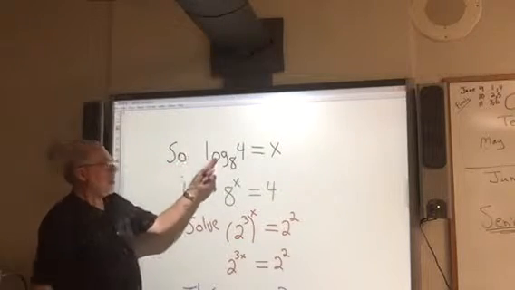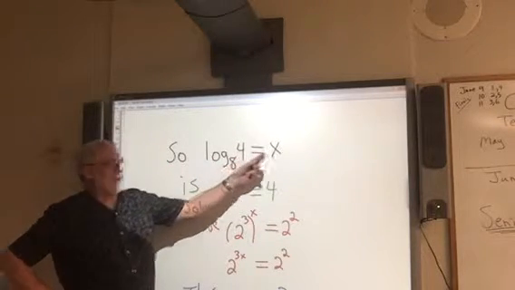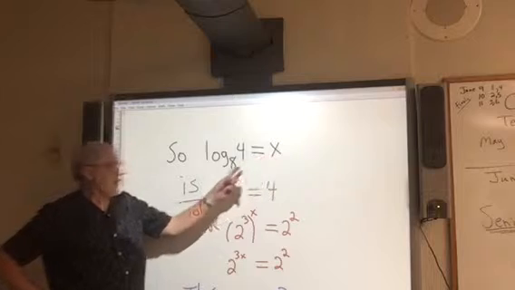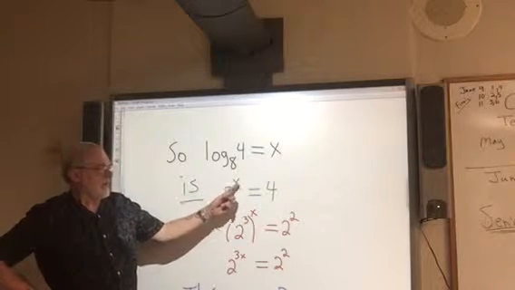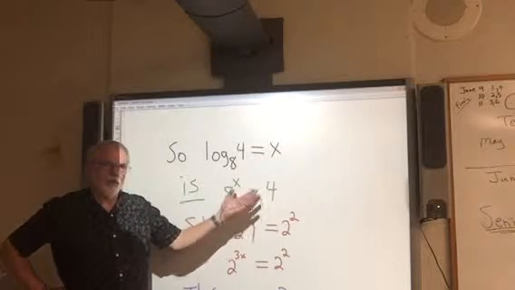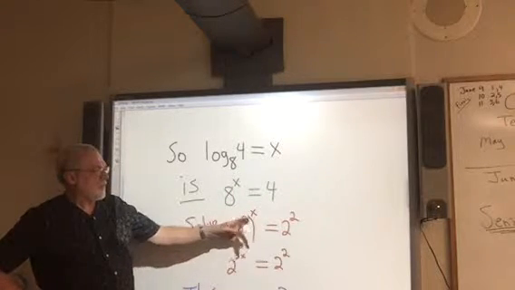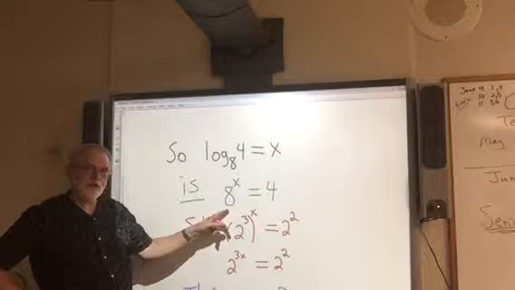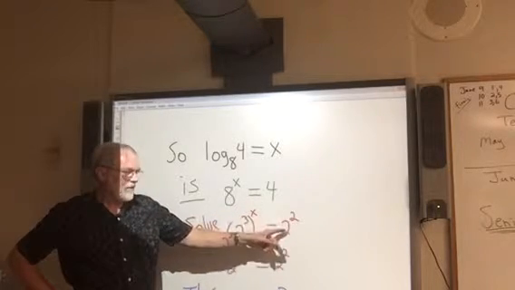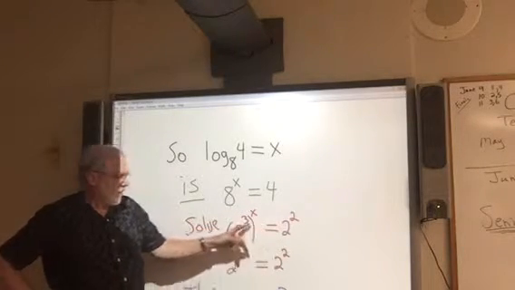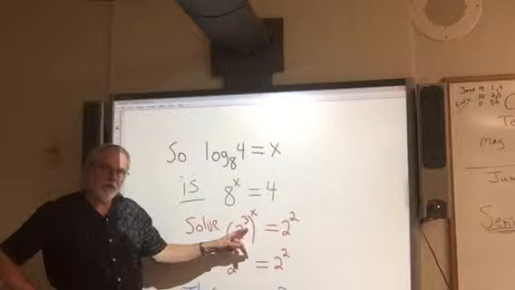So you have log base 8 of 4 equals x. What that means is 8 to the x equals 4. Well, but what is x? We solve it. 2 to the third raised to the x power is the same as 8 to the x. And 4 is the same as 2 to the second power. What do we do when we raise a power to a power? We multiply.